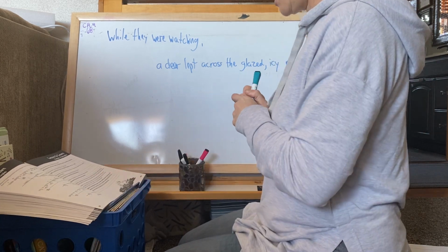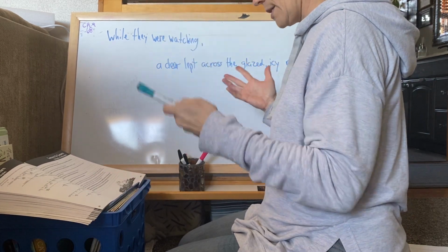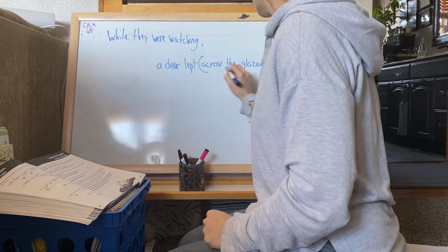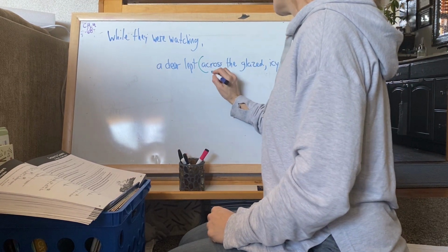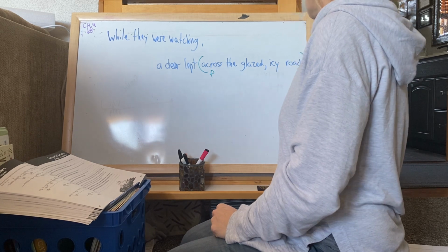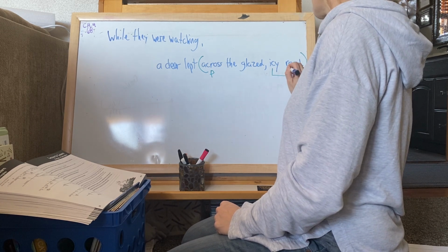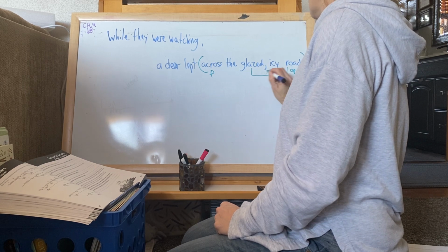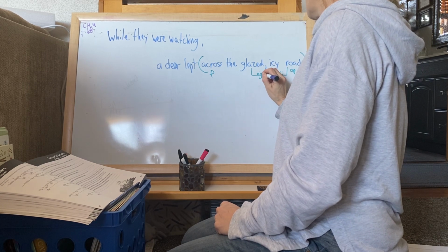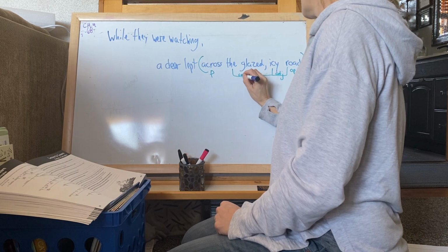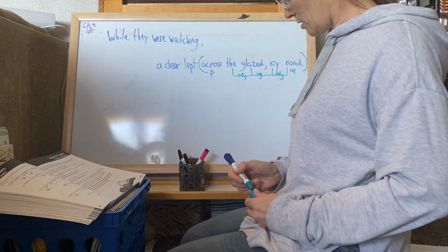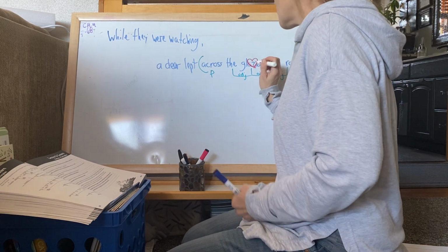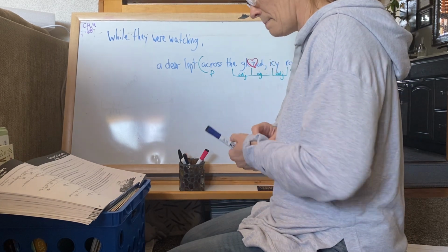All right. Any prepositional phrases? Across the glazed icy road. Preposition. Object of the preposition. And everything's pointing to road. But wait, isn't glazed a verb? Oh yeah, glaze is a verb. It's a participle, okay?